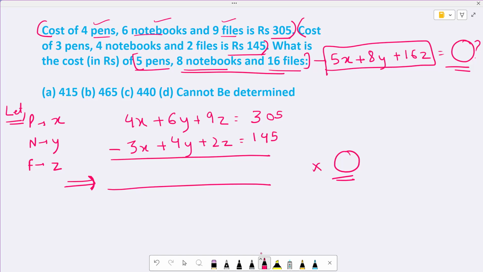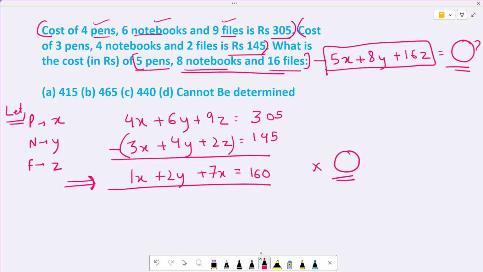So we can subtract these, and on subtracting, directly what we get is 160, plus 7x, plus 2y, because we're subtracting here, and here we get 1x.